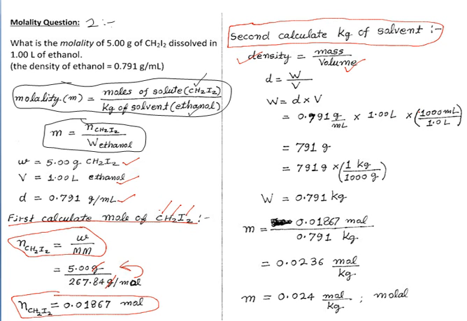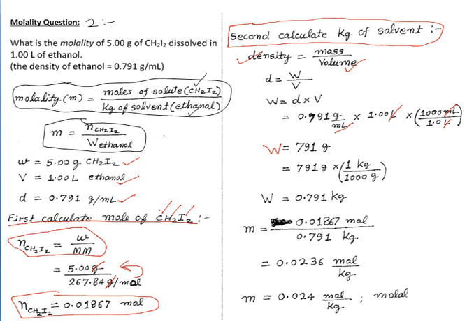So how can we do it? We have to convert this liter into ml by this conversion factor, 1000 ml per 1 liter. So now we can cancel the liter units and the ml units. So when we calculate these numbers, we will get the mass of solvent as 791 gram.